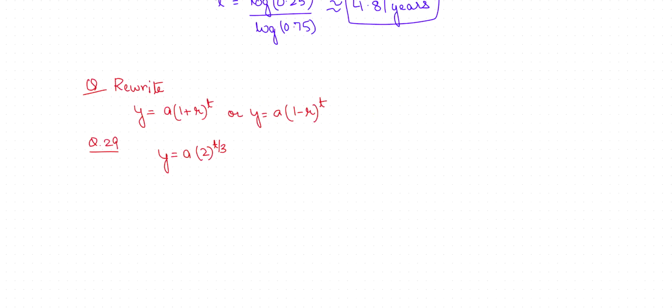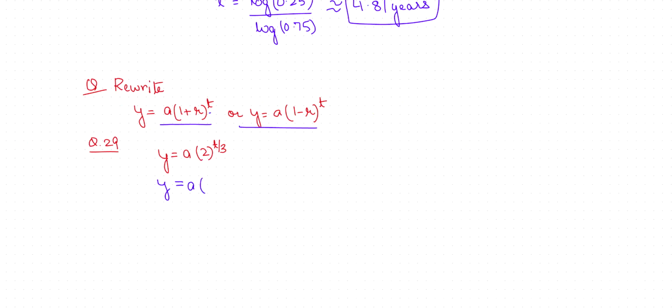This is a function given to us, and we have to rewrite it in one of these forms, and find if it is exponential decay or growth, and what the decay or growth rate is. So what we'll do is, we want the function to be raised to the power t.